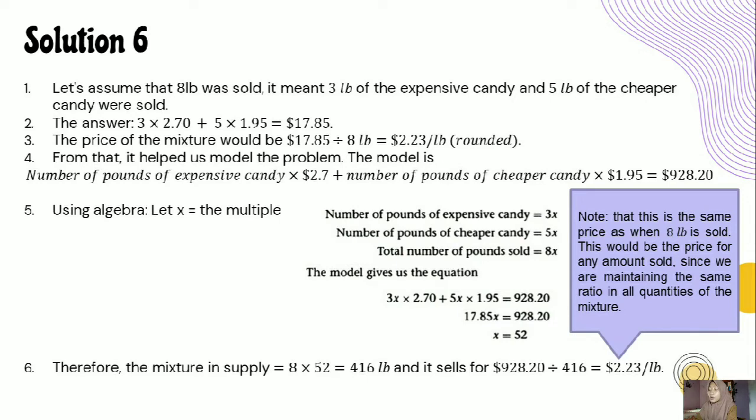Therefore, the mixture in supply equals 8 multiplied by 52 equals 416 pounds, and it sells for $928.20 divided by 416 equals $2.23 per pound.